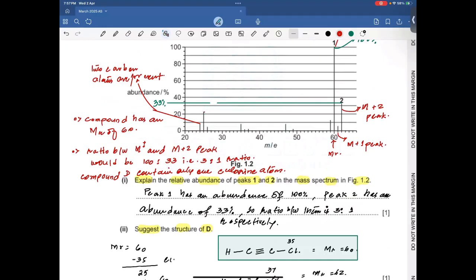So that indicates the fragment would be H, C, triple bond, C positive, because its mass to charge ratio is 25. That's a tricky part.